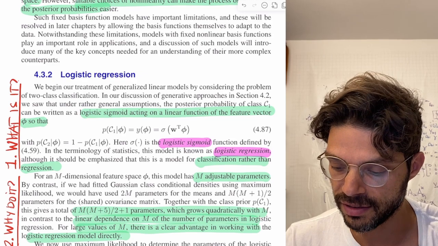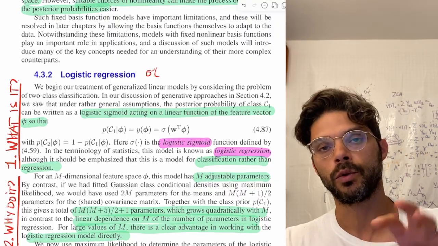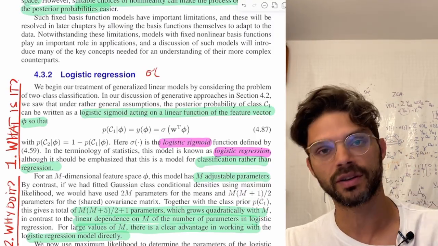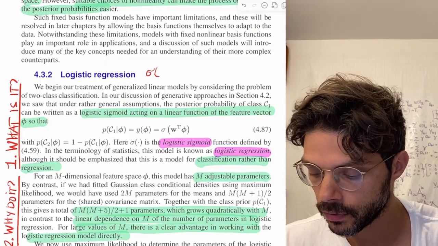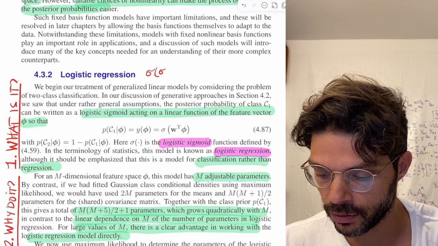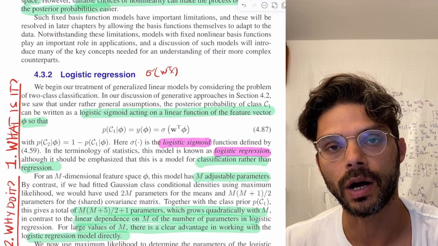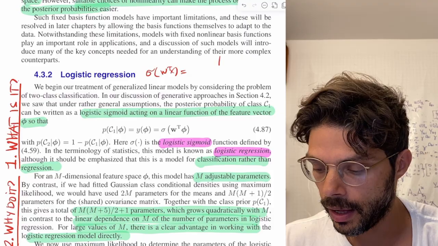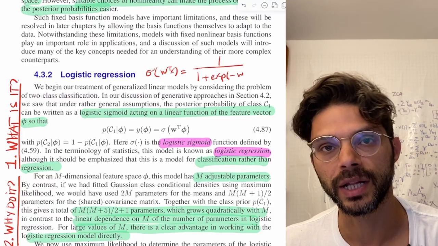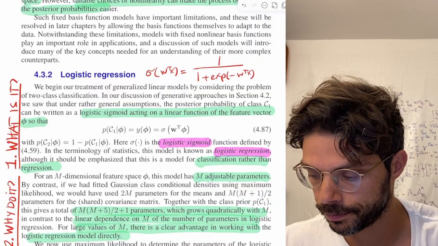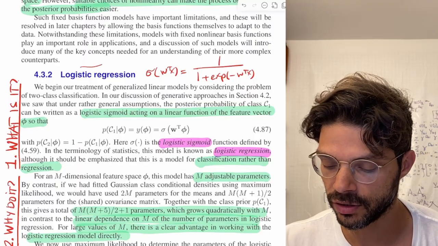We found that you could write this in the case of when you had two clusters, for example, that had different means but the same covariances. In that case, we're dealing with just the raw feature values, and we found that the probability of one class was determined by this function, which just looks like a sigmoid.